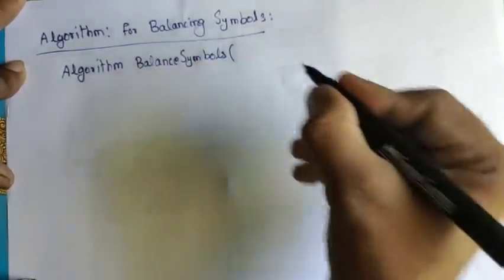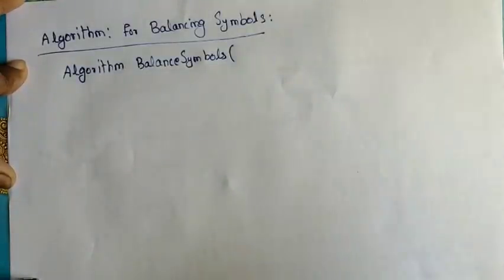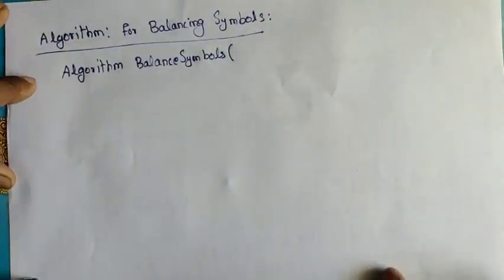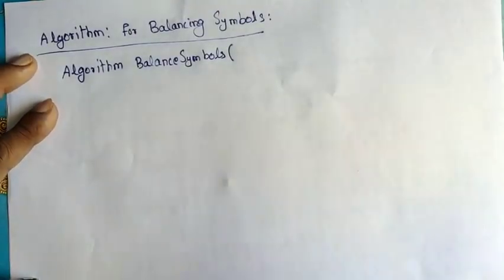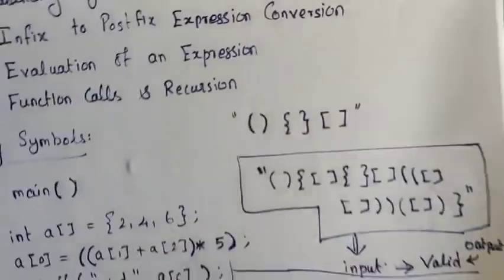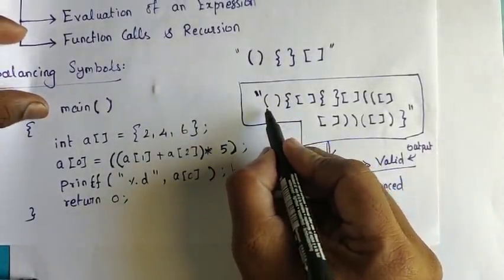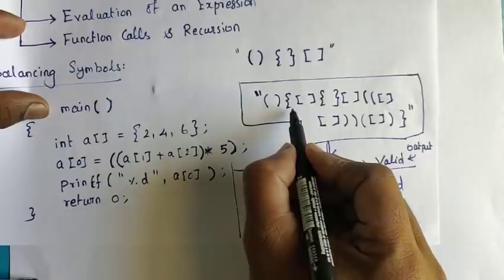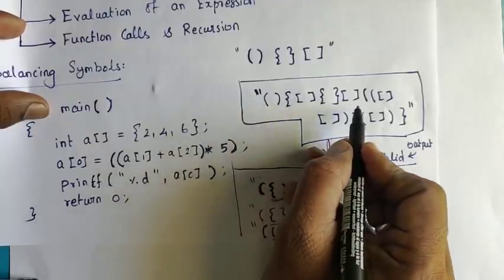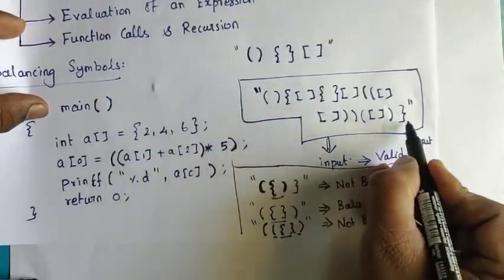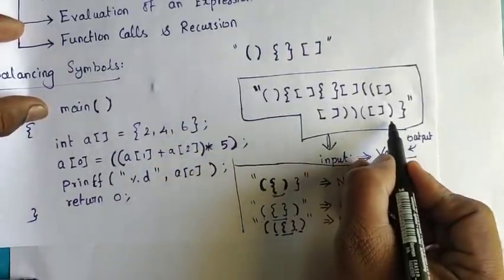If you are considering the input for this balance symbols algorithm, it is a sequence of symbols, opening and closing brackets. The sequence of symbols will be given as a string.